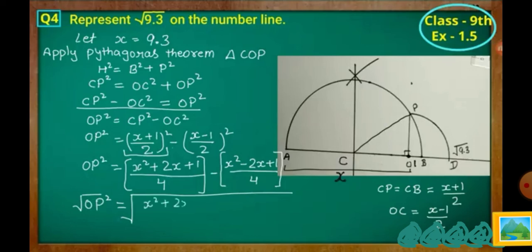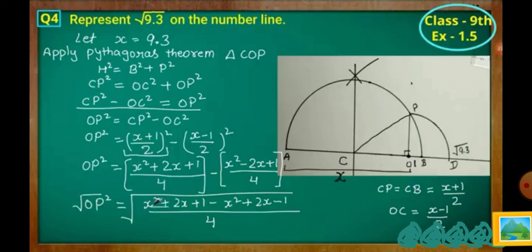See here I am taking square root on both the sides. OP square, again take the square root, and RHS side also you take the square root. Inside you substitute the values. Now see children, first expression is same, second one we should multiply by the sign. So minus x square, and minus into minus is plus 2x, again minus into plus, that is minus 1, whole divided by 4, because it is a like fraction.